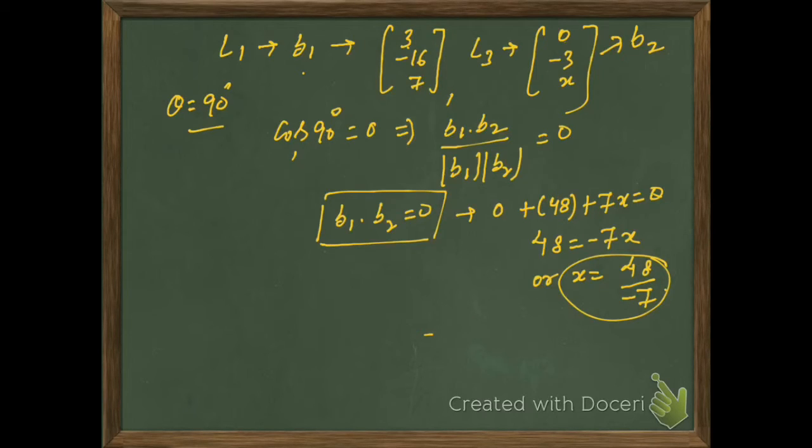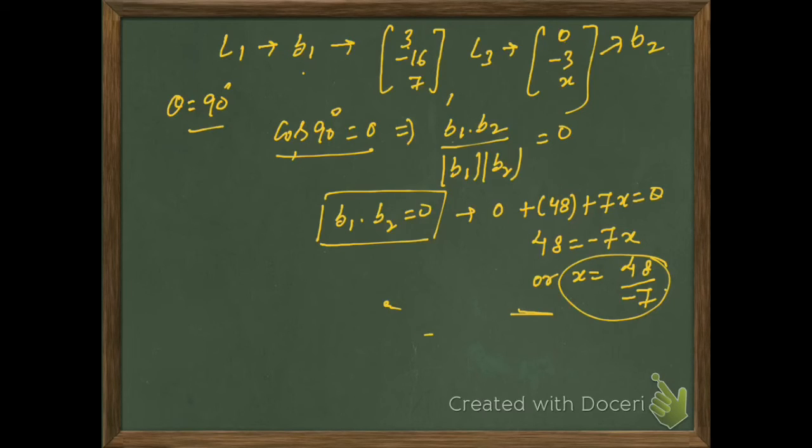When the angle is 90 degrees, cos 90 is 0. And what is cos theta? By the concept of angle, b1 dot b2 divided by the product of their magnitudes equals 0. This is a fraction with a numerator and denominator. In this case the numerator would be 0, and the denominator cannot be 0, because it is of course the magnitude.